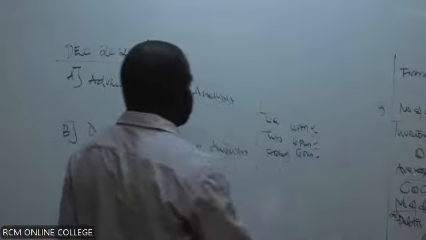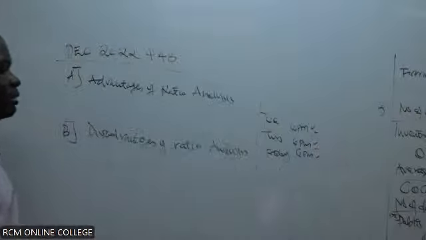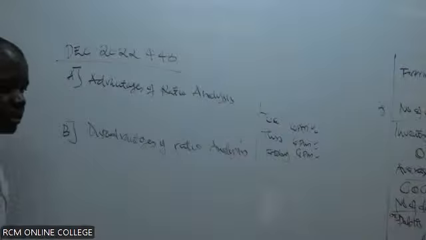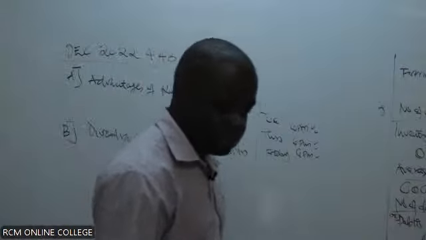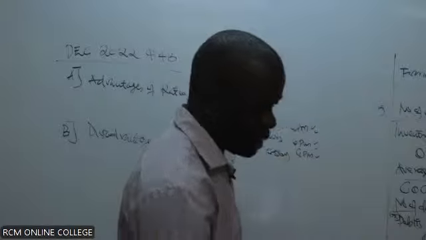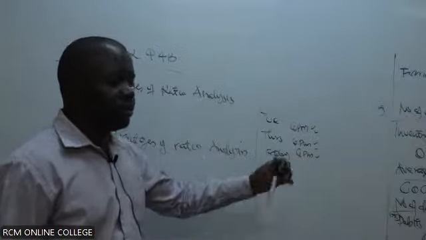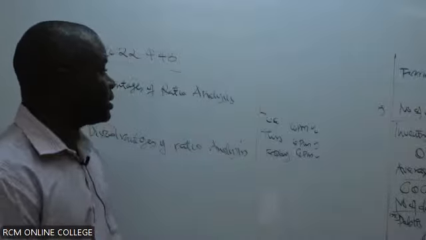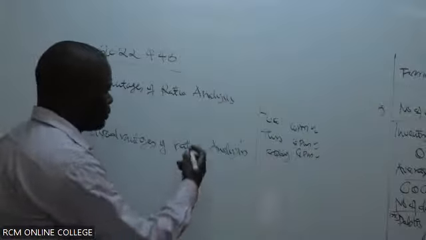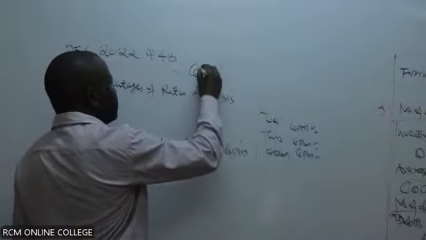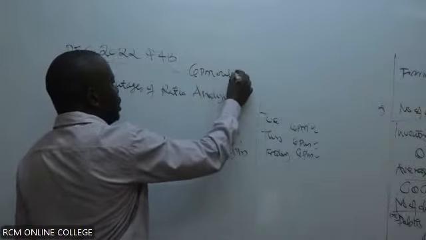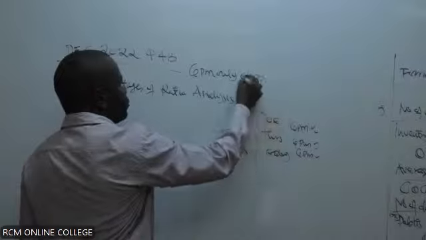These are the timings. The one for Saturday is not for this class, it is for that other class. So Tuesday, 6 p.m., Thursday, 6 p.m., Friday, 6 p.m. It is known as the 6 p.m. only class.